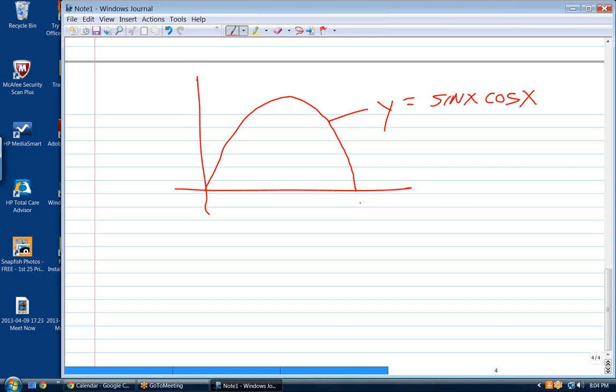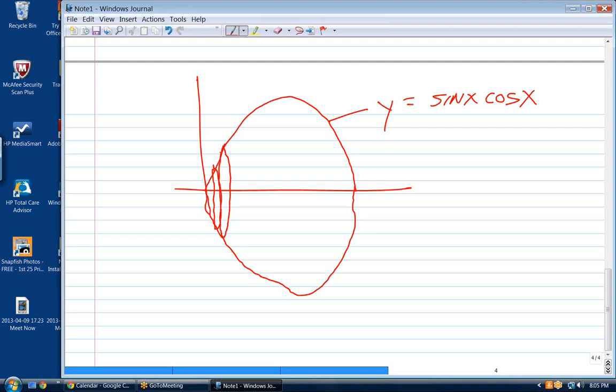Okay, we're rotating it about the x-axis. So we create Humpty Dumpty here. How are we going to split up Humpty Dumpty? Circles. Discs, okay. Oriented which way? Along the x. Right, this way.